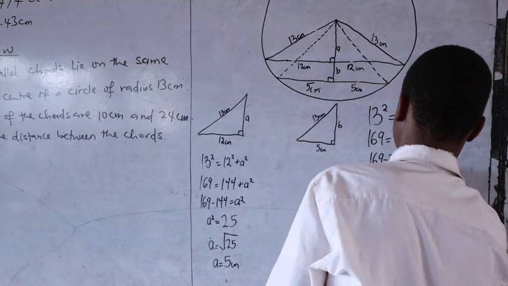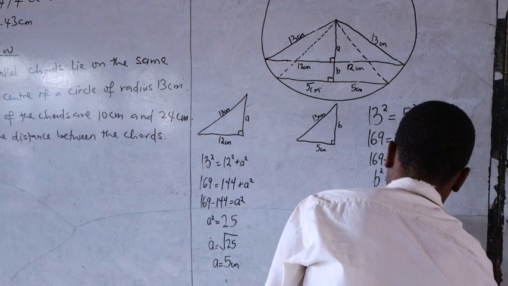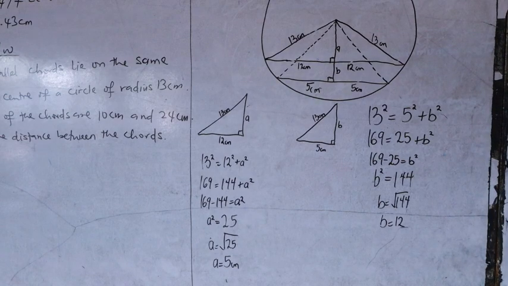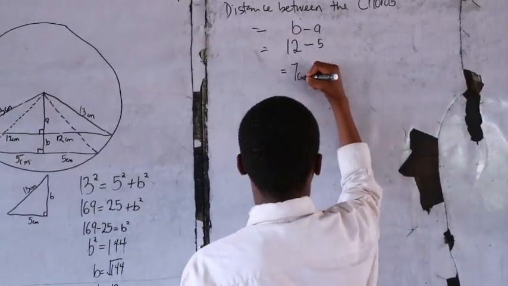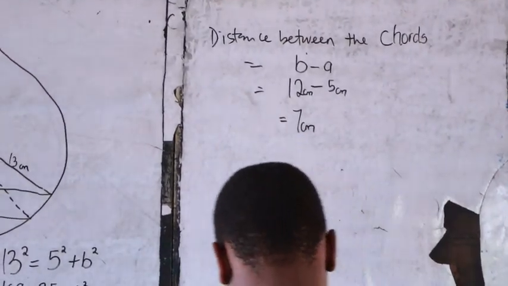That's 144. So, just use the distance between the chords. The distance between the chords is equal to... Please, is that the answer? Yes. Please clap for him.